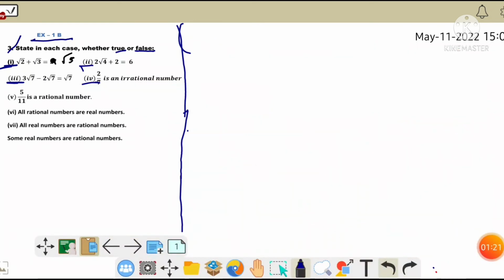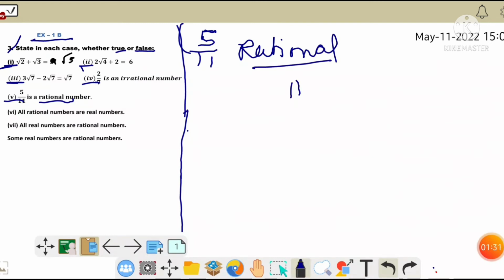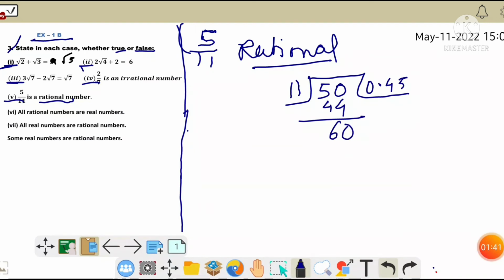Next question is also the same thing. We have to divide 5 by 11 to show that it is rational. So let's divide 5 by 11. Put a decimal, we'll have 50, and 11 fours are 44. We'll have remainder 6, 60. 11 fives are 55.